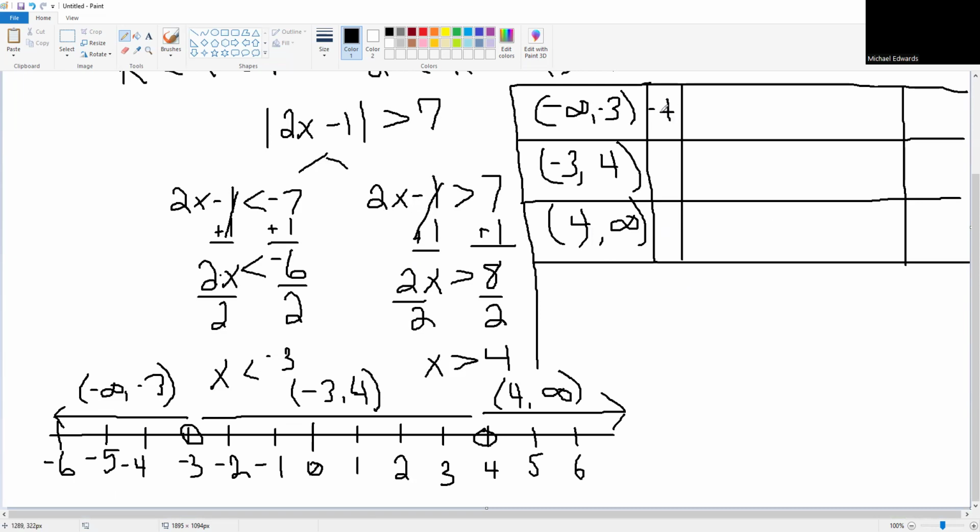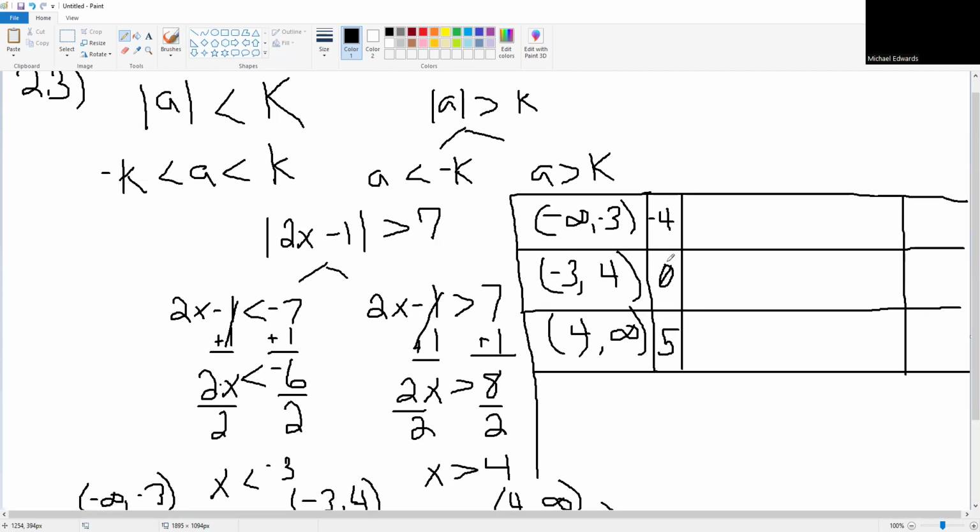For the middle one, -3 to 4, let's choose 0 since it would be an easy one to solve with. And for 4 to infinity, let's just choose the next number, which is 5. And there are our points.